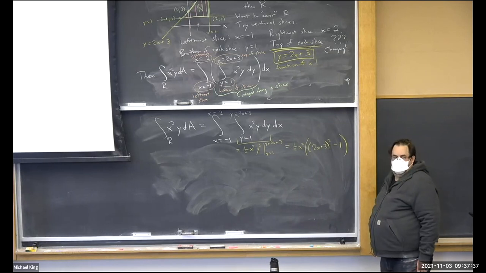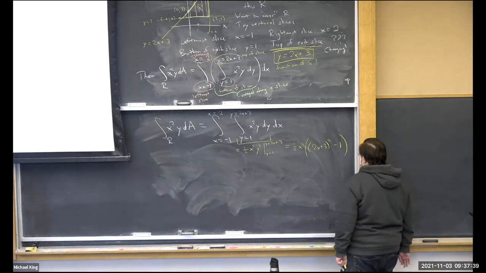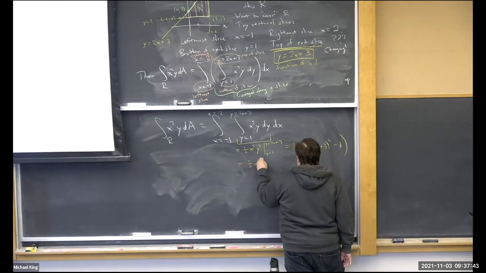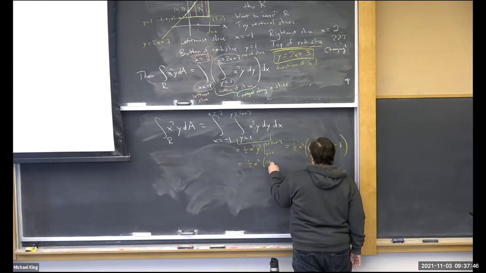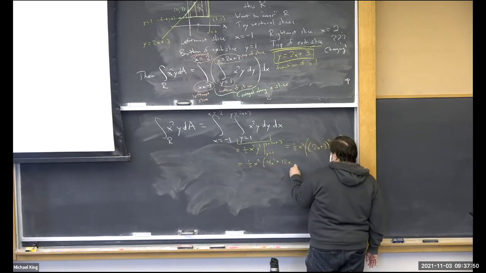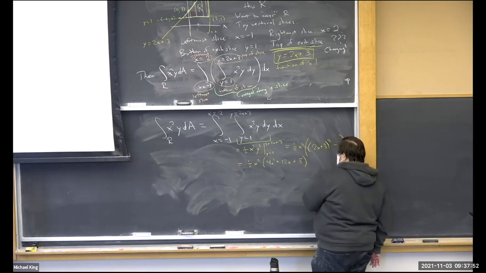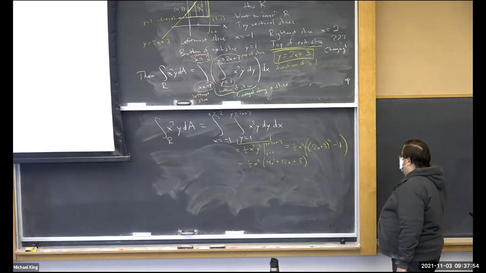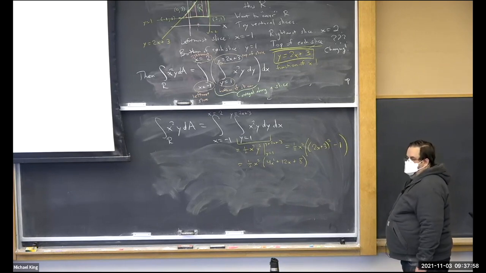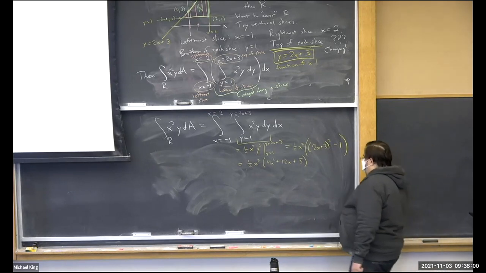People with me? Okay, so I need to FOIL this out probably. So this is 1/2 x squared times 4x squared plus 12x plus 9 minus 1, which is plus 8. I may or may not have done that correctly. Please check me. Oh, the 1/2, and that's nice.